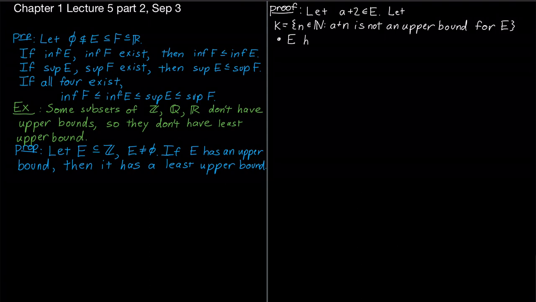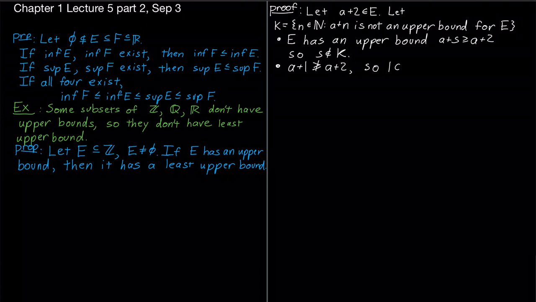So E has an upper bound. Let's call our upper bound A plus S, which is greater than or equal to A plus 2. So S is not in K. On the other hand, A plus 1 is less than A plus 2, so it's not greater than or equal to A plus 2.